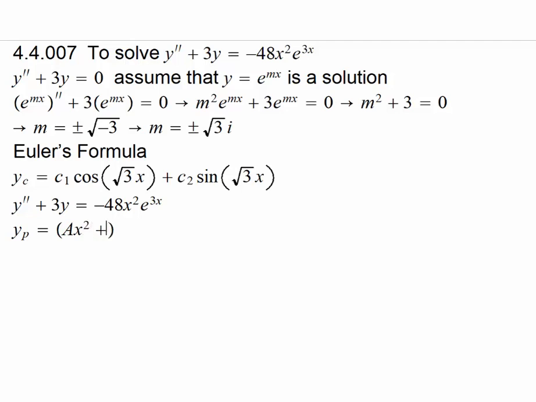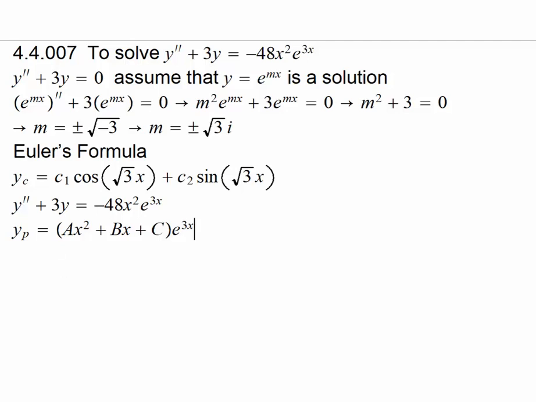The rationale is that the right hand side is a quadratic times exponential, and the second derivative will also give a quadratic times exponential. So we'll substitute this and see if we get a solution.